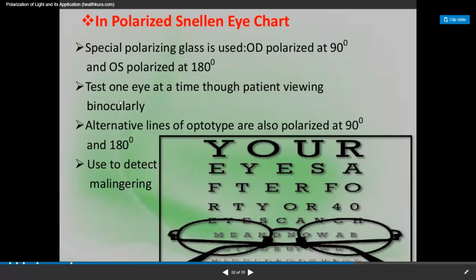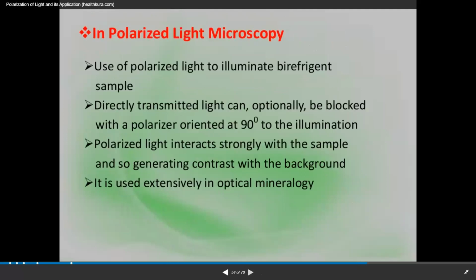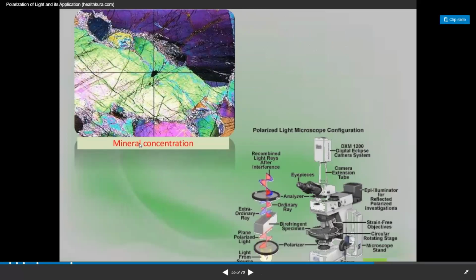So in testing also, polarized material is used by the ophthalmologist to detect the sight percentage. And we also use it for determination of mineral concentration with the help of a polarized light microscope configuration.